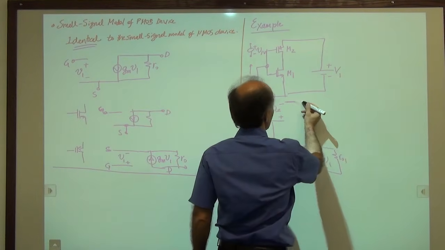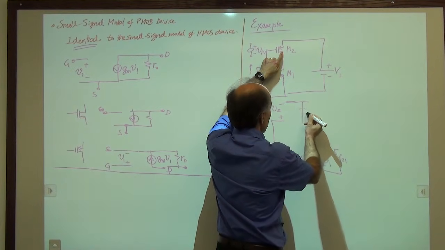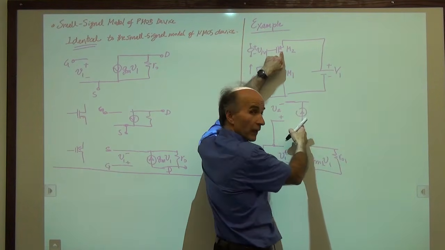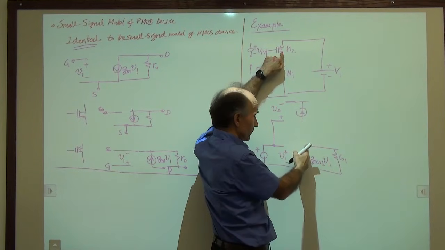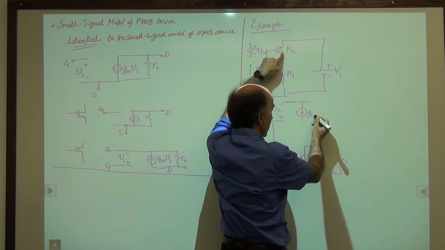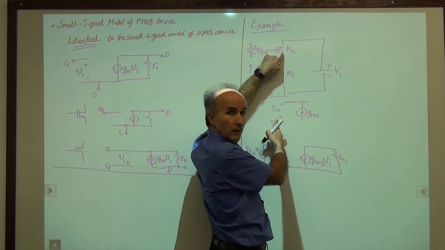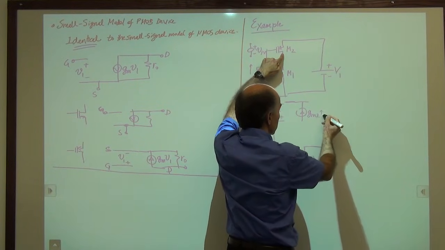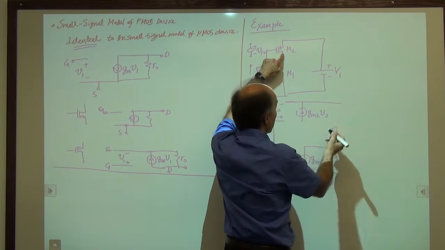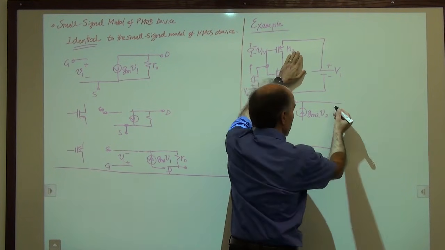And then we go and we draw the small signal model of M2 as a current source, pointing from drain to source. Exactly the same thing. GM of the device, GM2, times its gate source small signal voltage, V2. And then an output impedance, if we wish to include channel length modulation.